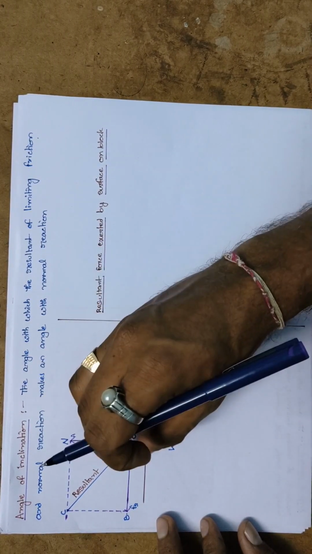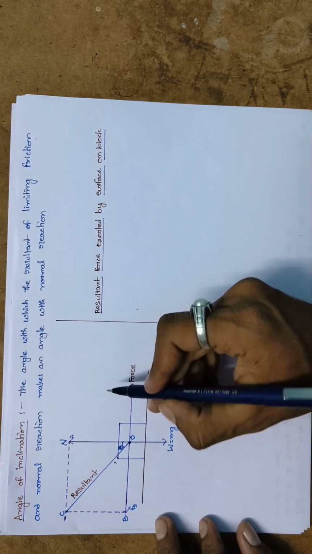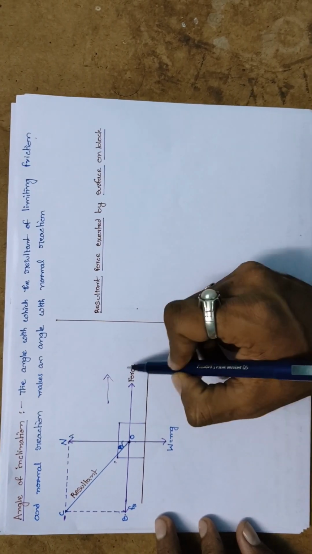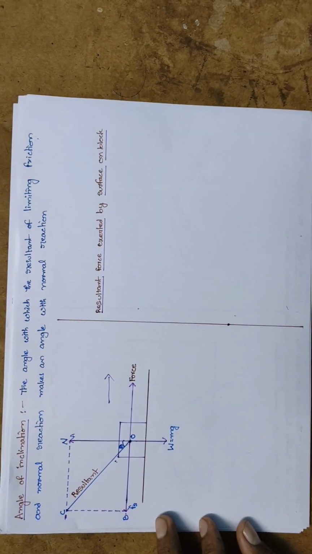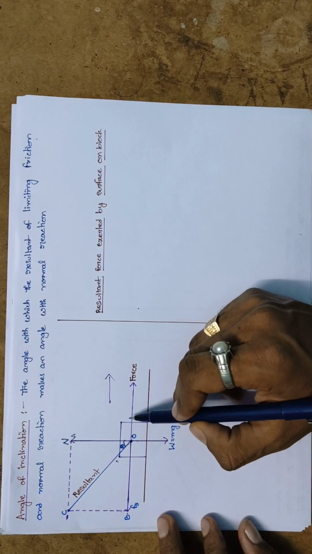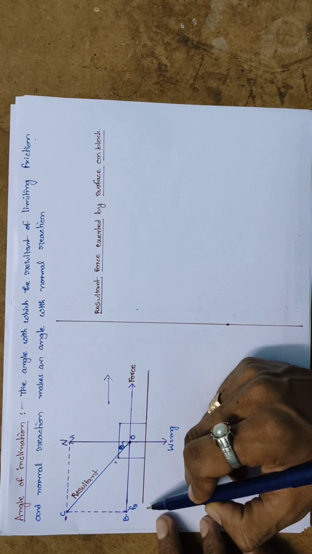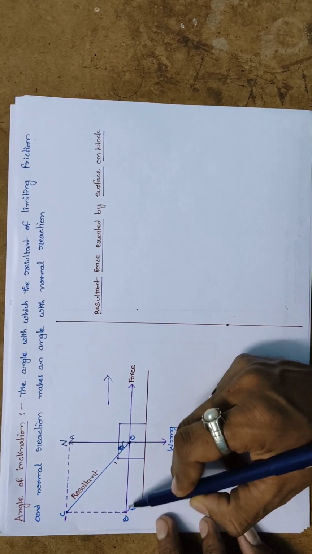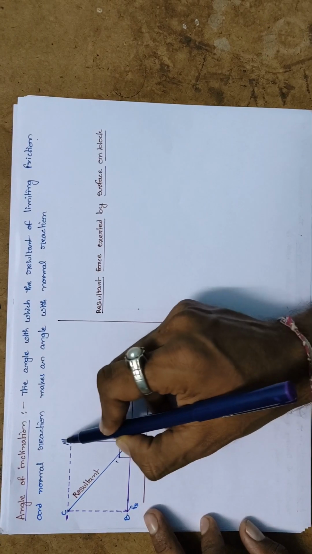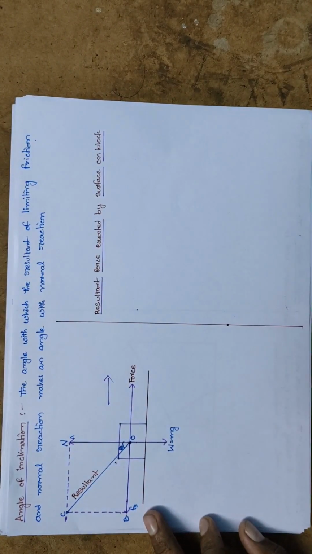Due to this external force, the object also moves in the direction of the force. Whenever an object is moving, there must be friction developed on the opposite side. Here friction is a vector and the normal reaction is also a vector.